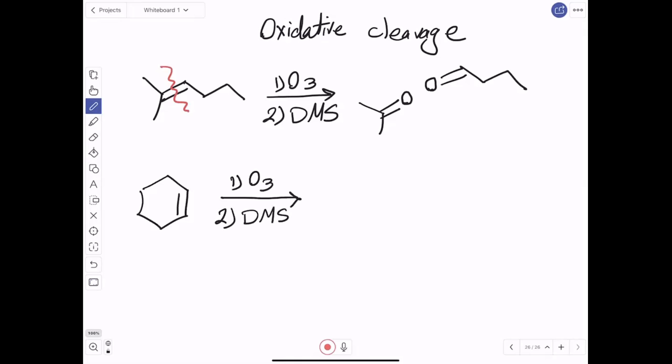Now, can you give the final product of this reaction? This is an alkene, reacting with ozone, and DMS is a reducing agent. So for reaction of ozone with alkene, break down the pi bond in the middle, and draw the broken molecule again, and add 1 oxygen to each end.